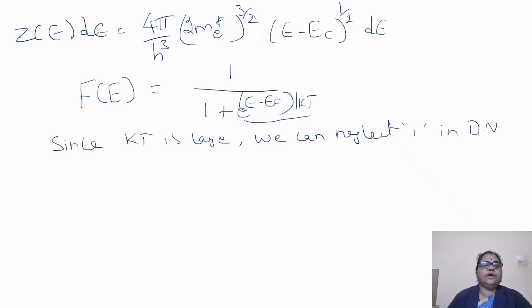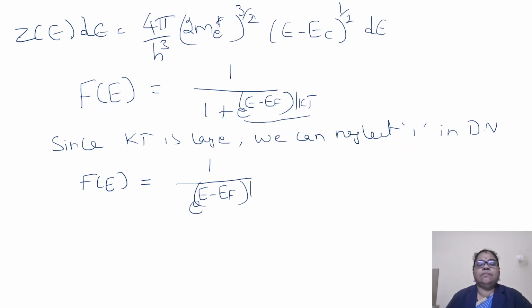So the expression can be written as f(E) equal to 1 divided by e to the power (E minus EF) by kT.